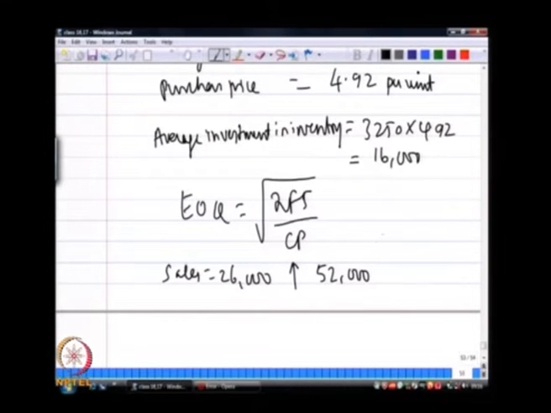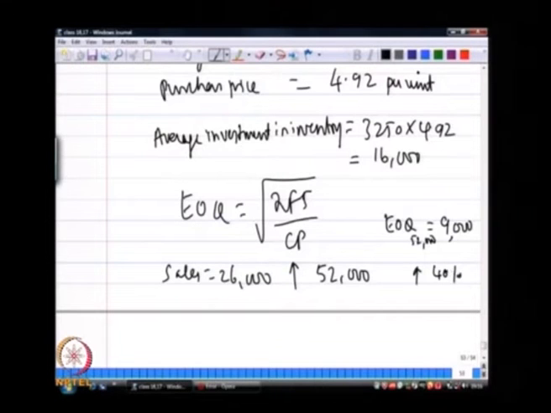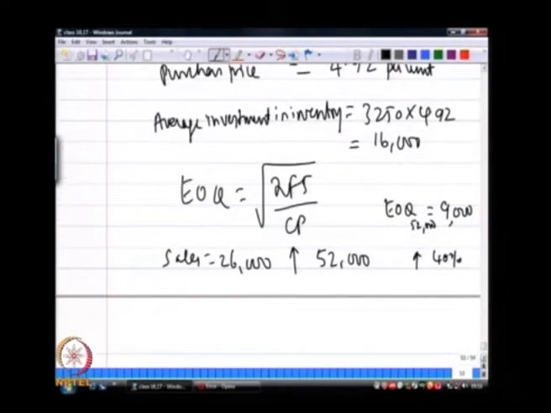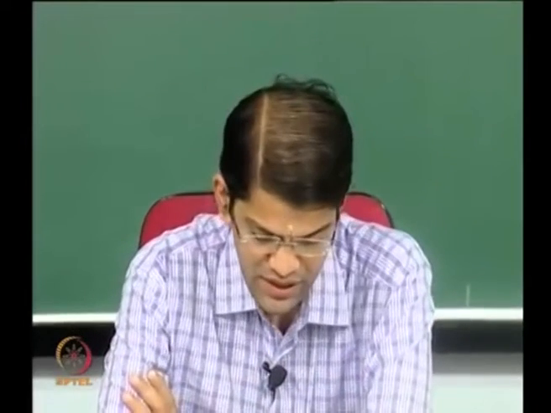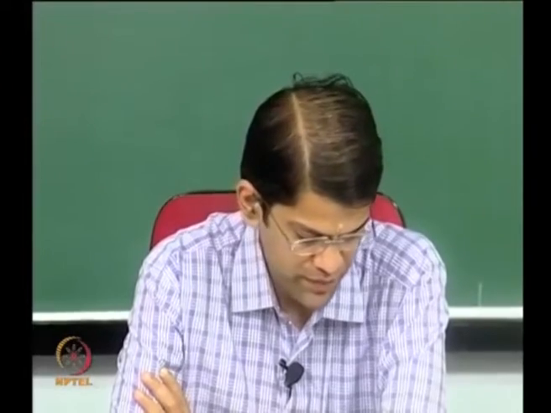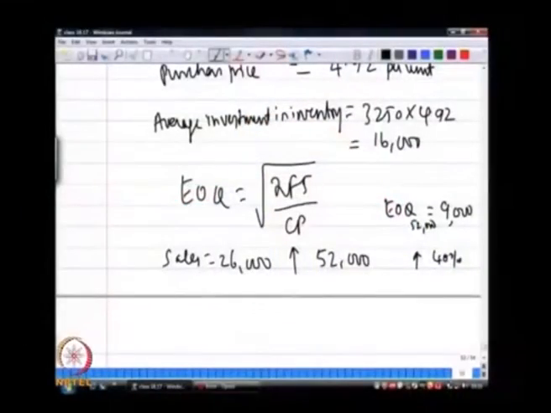If you calculate the EOQ at this sales level, the EOQ at 52,000 will be somewhere around 9,000, which is close to a 40% increase in EOQ. So, a 100% increase in sales results in a 40% increase in the economic order quantity, and the average inventory required will also rise by the same percentage.